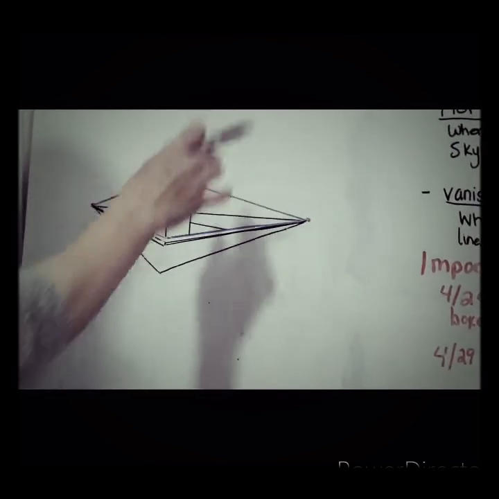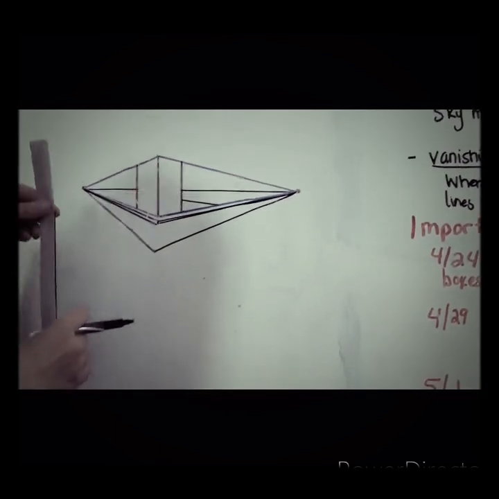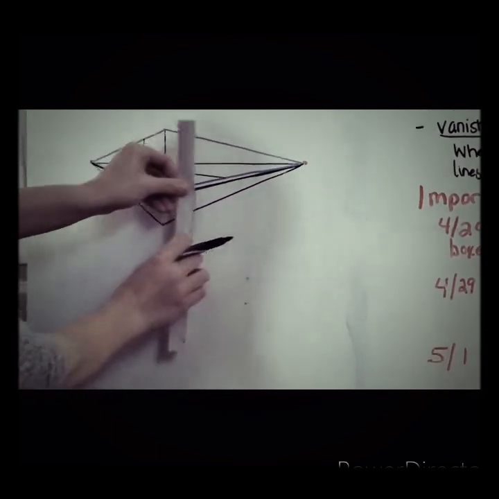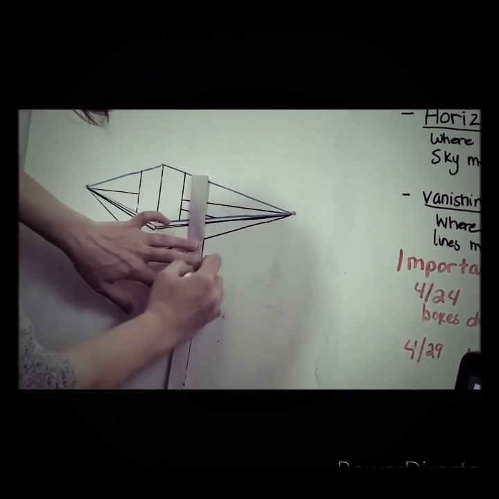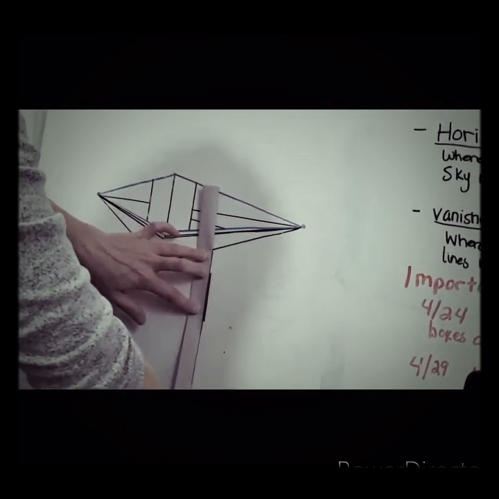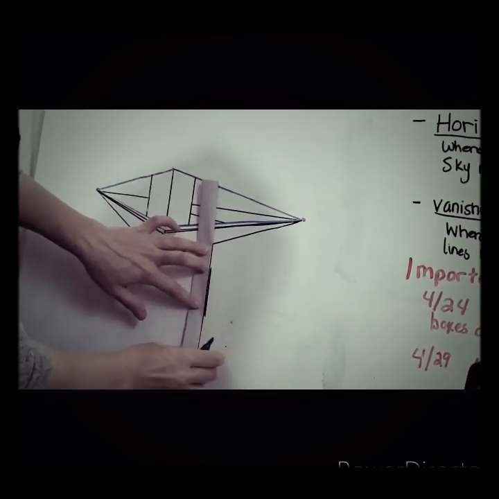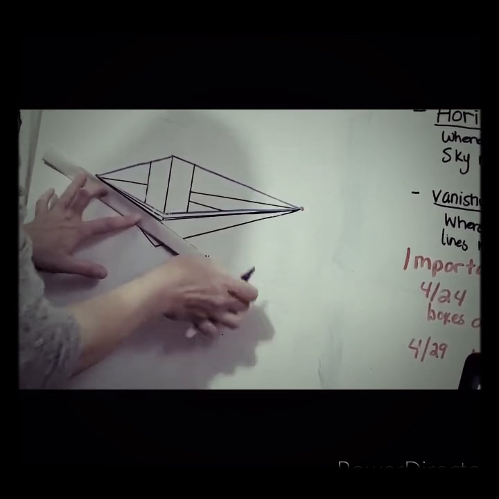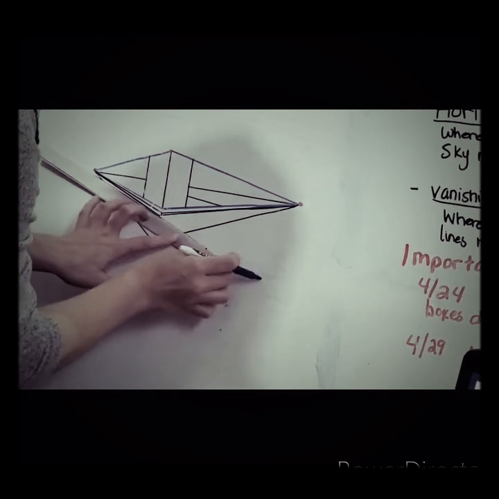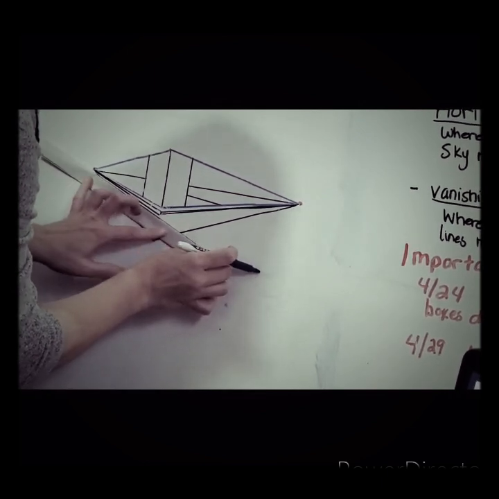So I'm going to show you how to draw a building above and below the horizon line. So if you have a building below the horizon line, we'll do one over here. We need a vertical. So there's my vertical. Same as we always have, we're going to go from the top to our vanishing point.